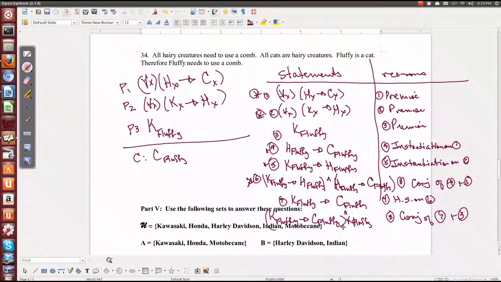And that's a modus ponens relationship. And modus ponens is going to give me C fluffy. And so I end up with a valid argument.